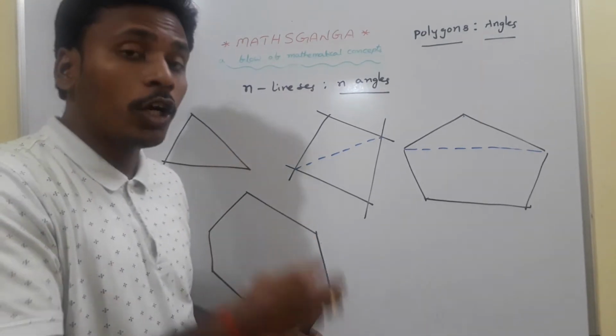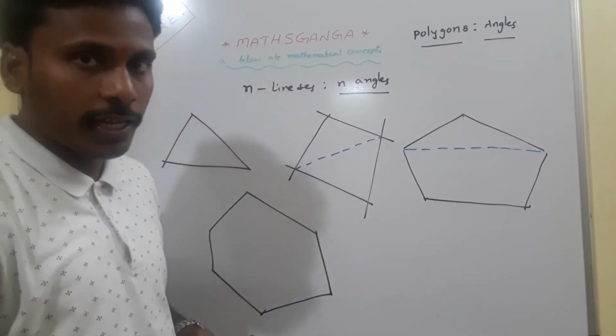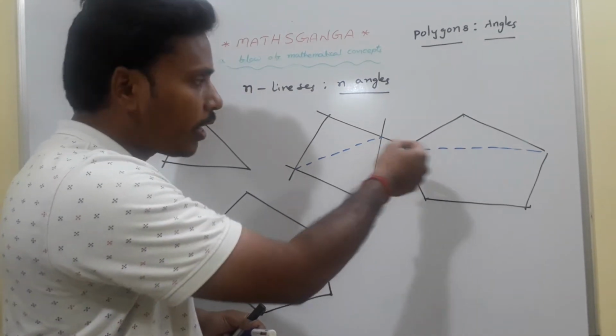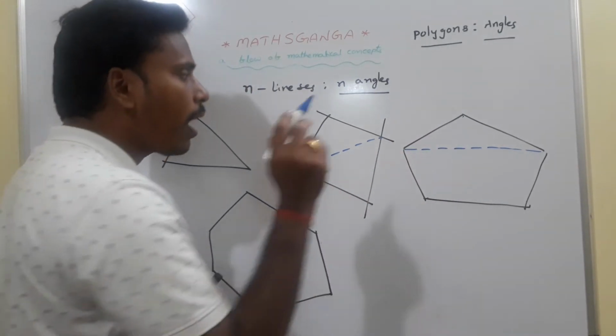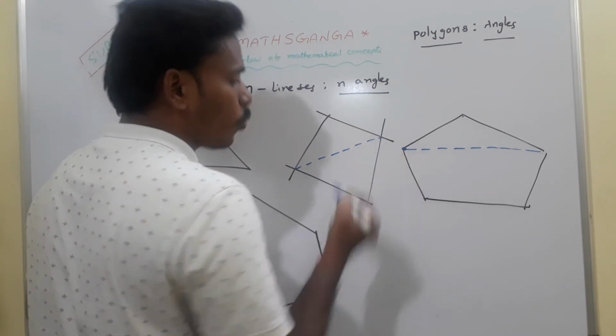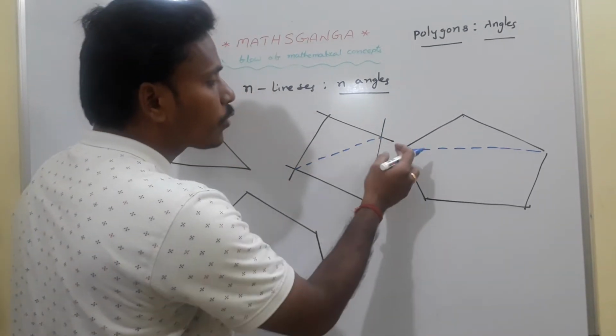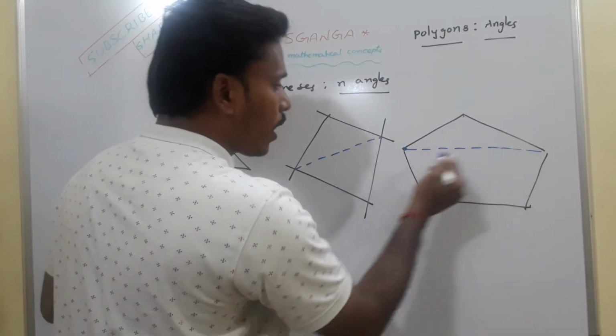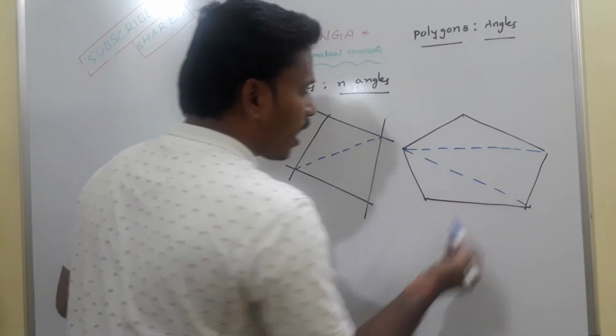To make such disjoint triangles, we draw diagonals, the lines joining the vertices starting from one vertex. If you fix this vertex and join it to the remaining vertices of the polygon, this is one line segment as well as this is another line segment.